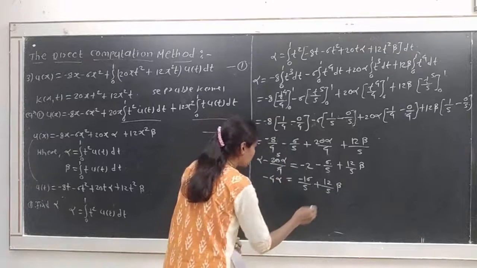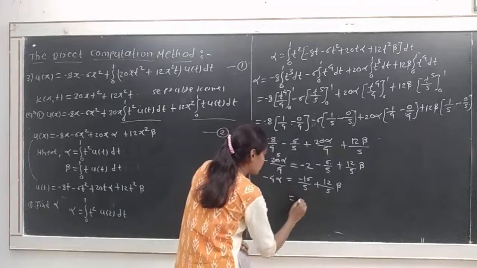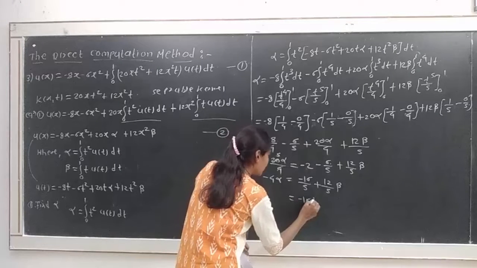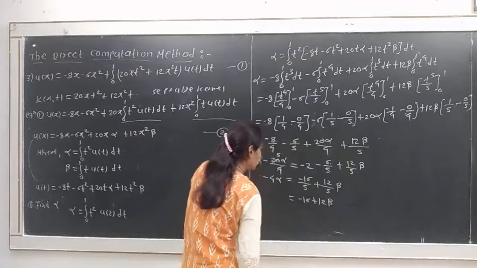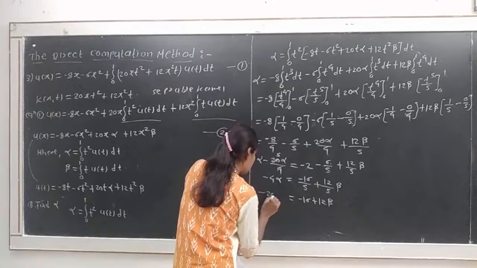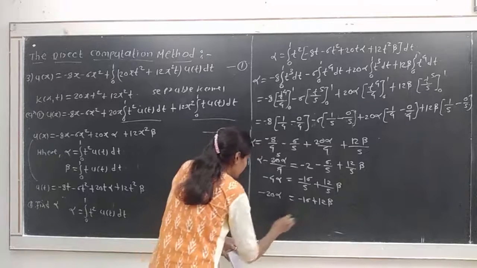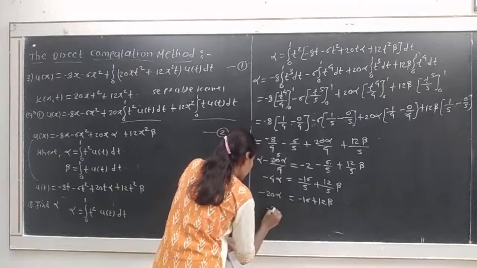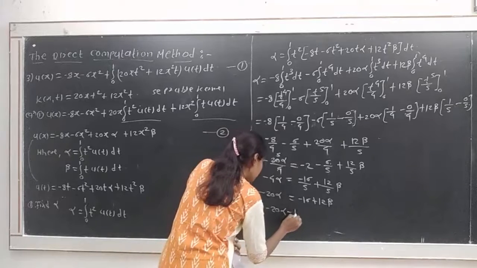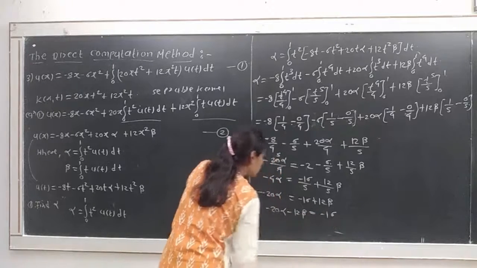So we get minus 16 plus 12 beta, and we shift this 5 to this side, it becomes plus 20 alpha. So we get minus 20 alpha minus 12 beta is equal to minus 16.